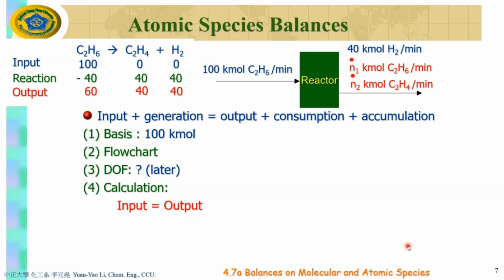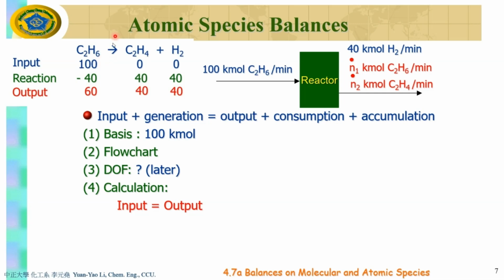Why? Because carbon and hydrogen are atoms. They cannot disappear unless there is a nuclear reaction, because a chemical reaction doesn't remove or increase the atomic species, right?